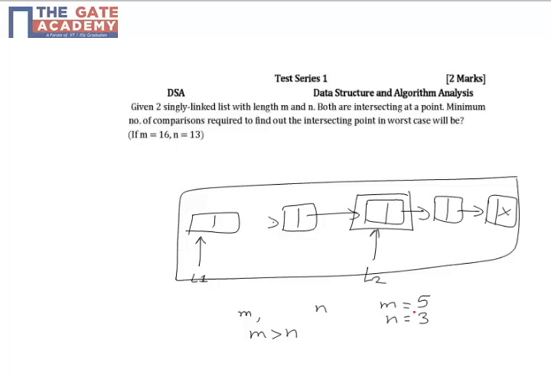Only those nodes included in the length of the smaller linked list are included in my intersection. So for the solution, I will not compare the remaining extra nodes of the larger linked list.